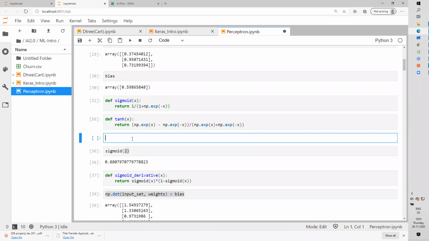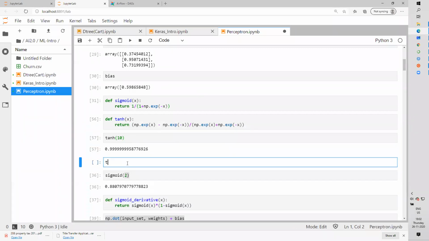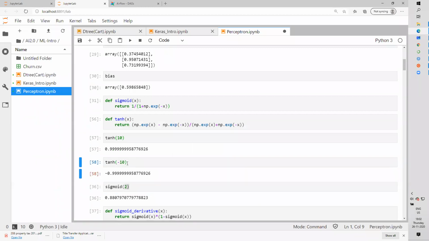Let's see how it works. Tan h of 10, what is the value it is going to generate? 0.99, so it's close to 1. Then tan h of minus 10 is close to minus 0.99. If you remember the concept that I discussed yesterday, tan h is also like sigmoid, just that the output is going to be between -1 and +1.